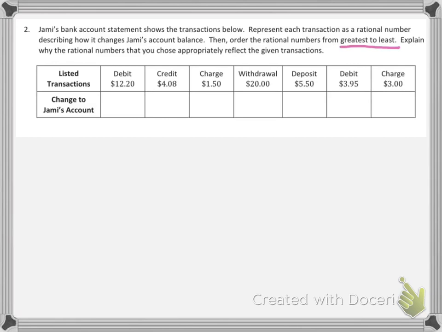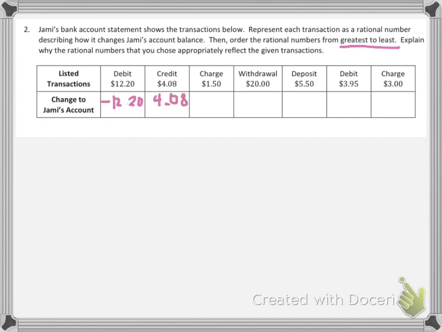So we have debits and credits and charges and withdrawals, and we need to know what those words mean. A debit of 1220 is going to be a negative, so that's negative 12.20. A credit is a positive, so 4.08.